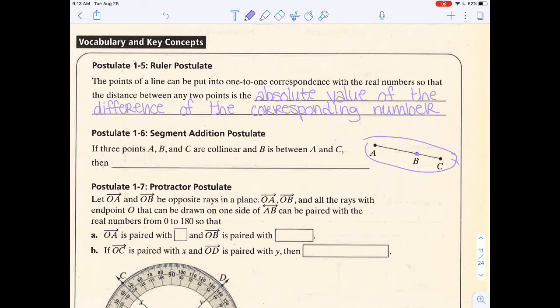Then segment AB plus segment BC, you can add them together to get the whole segment AC. I know that seems kind of obvious, but sometimes you know what AC or BC is, and you have an equation for AB, and then you can solve to figure out all the pieces. So that's going to become very important here.